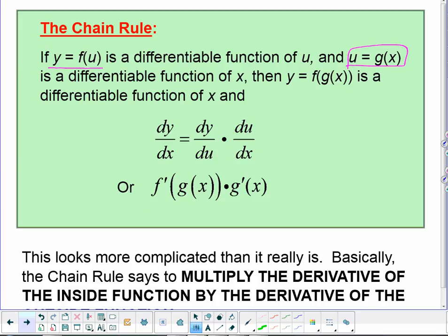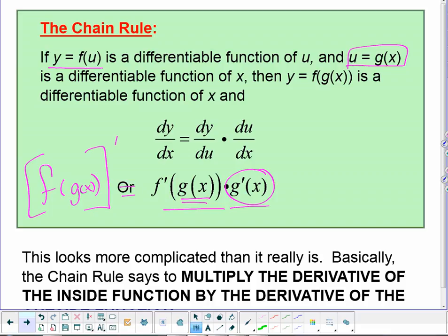Otherwise, if you like this type of notation, what it's saying is if I take f of g of x and I want to take its derivative, that will be equal to the derivative of the outer function f, and I'll leave the g of x alone, multiplied by g prime of x, the derivative of the inner function.